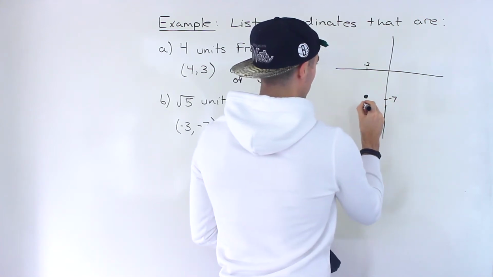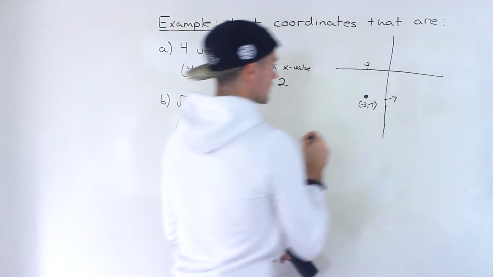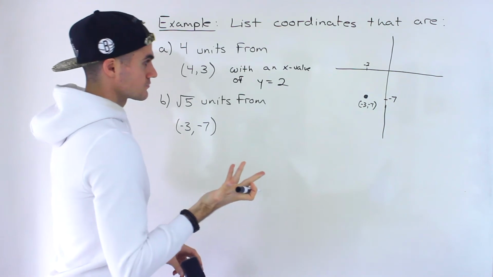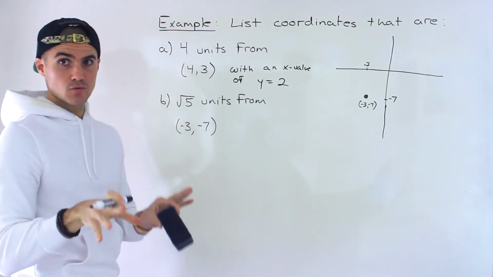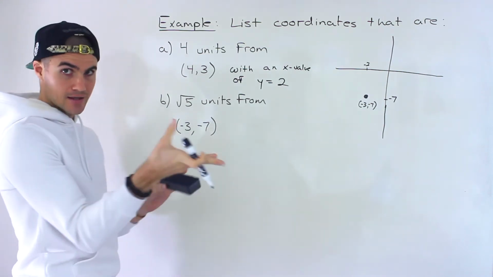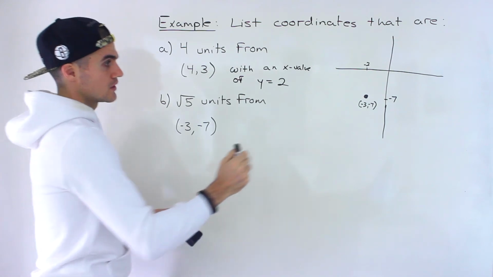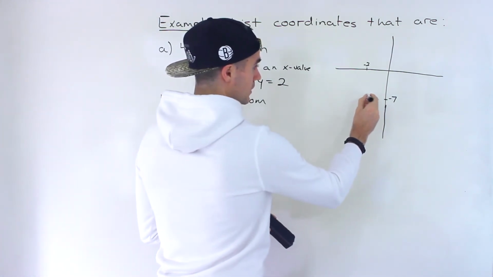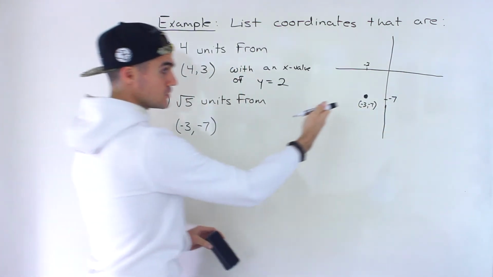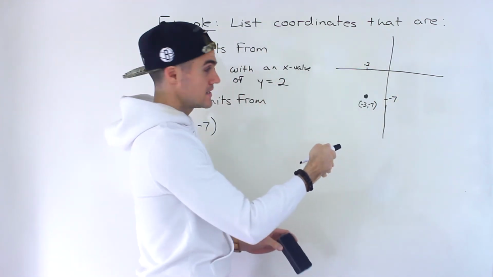So here's the point, -3, -7. Again, the easiest way to do it, if they don't specify any x or y values, is to take this point and either go √5 units to the left, to the right, up, or down.